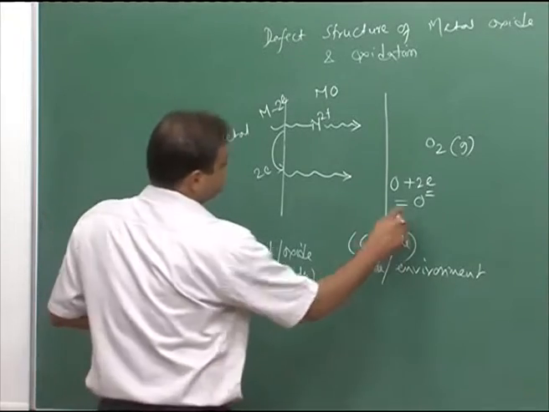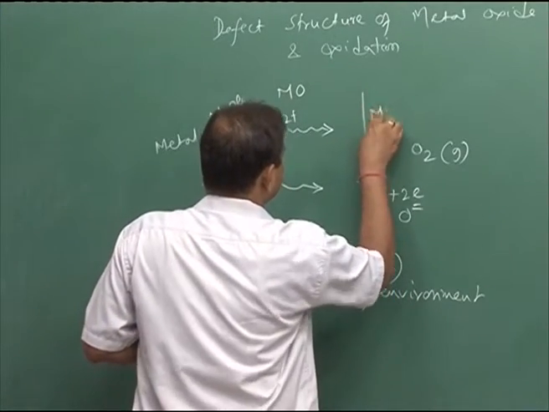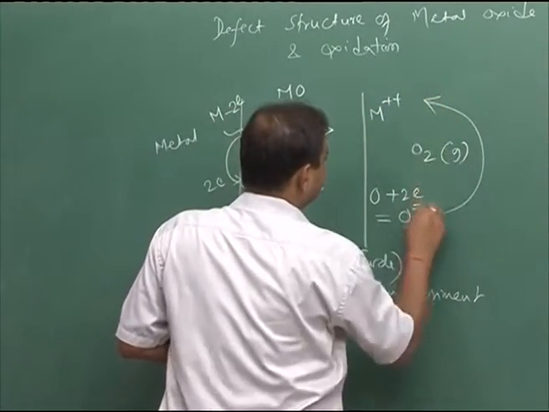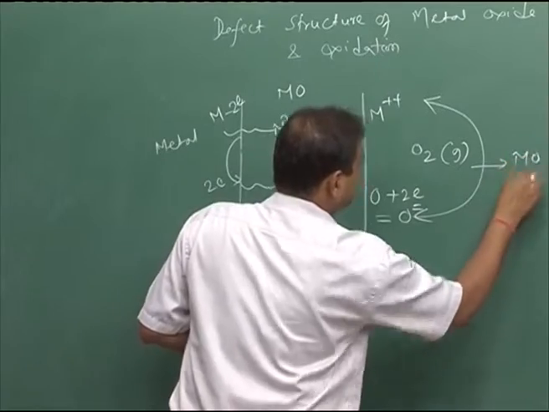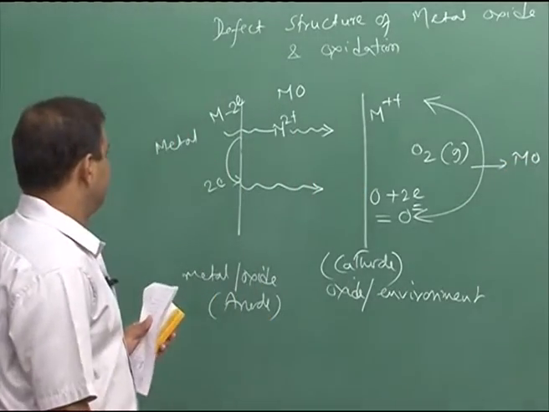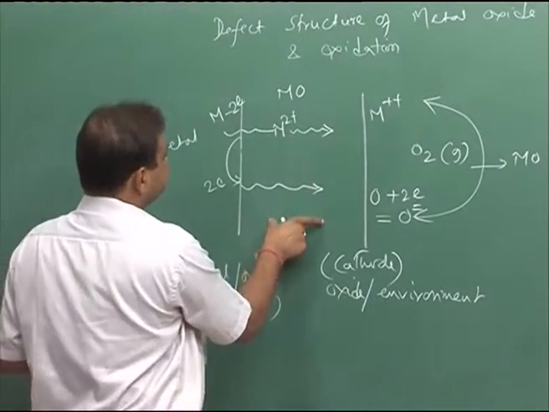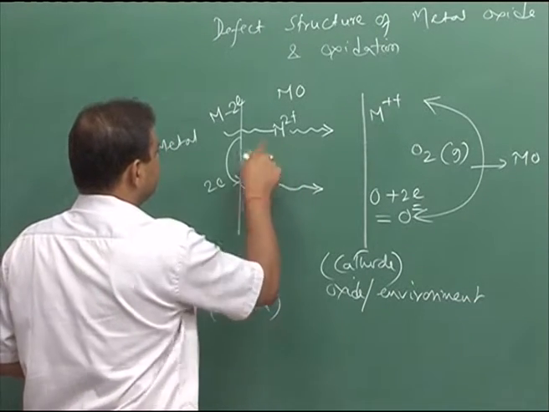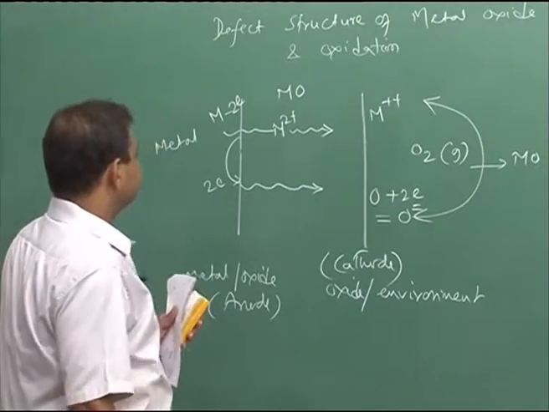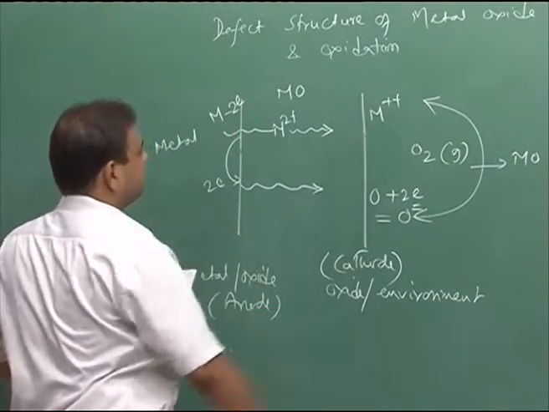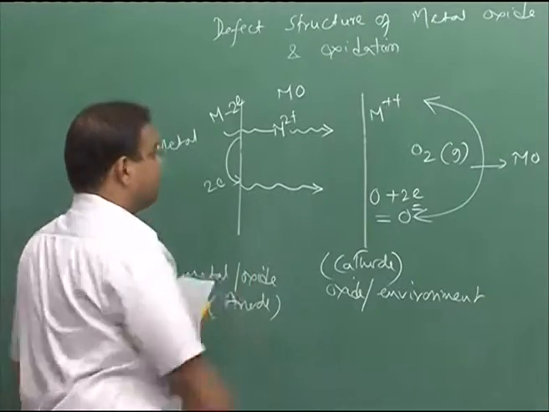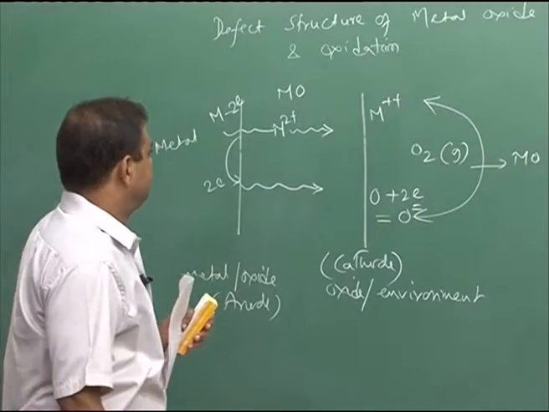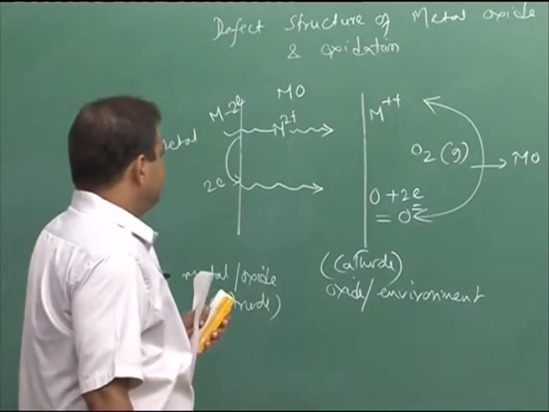Now this one will react with metal 2 plus and form metal oxide. So, we see this oxide also acts as an electrolyte, since the ion transmission from one end to another end is taking place through the metal oxide. So, it is acting as a conductor as well as an electrolyte.